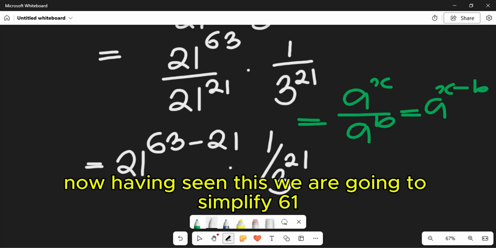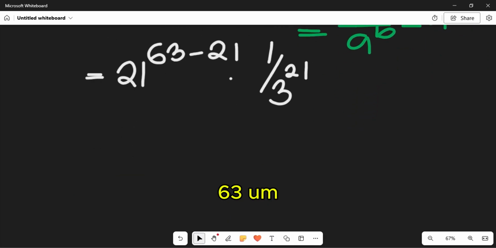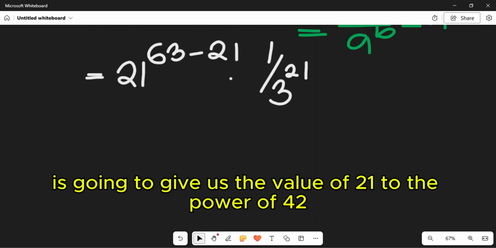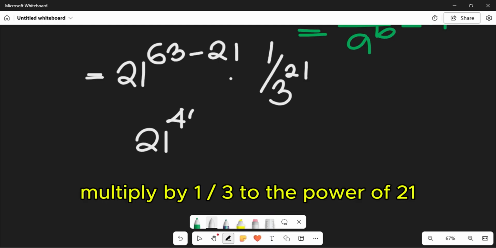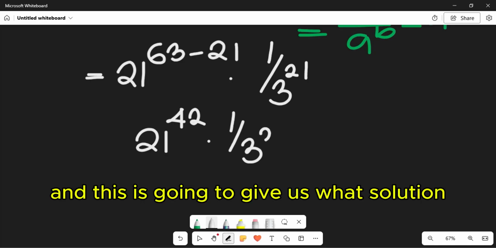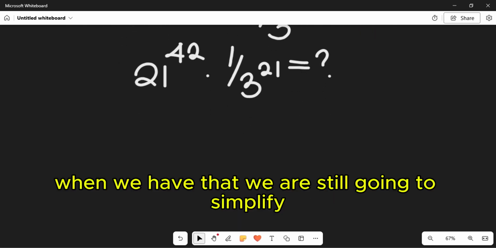Great. Now, having seen this, we are going to simplify. 63 minus 21 is going to give us 21 to the power of 42, multiplied by 1 divided by 3 to the power of 21. When we have that, we're still going to simplify.